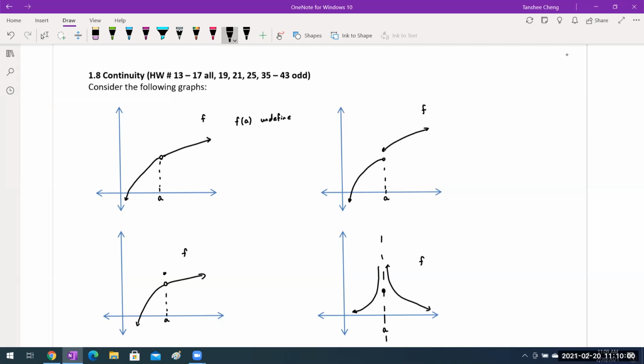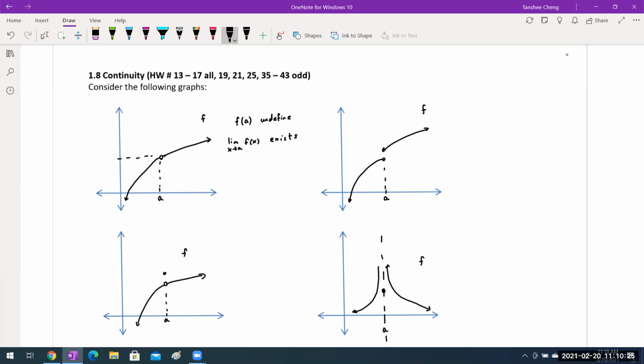However, the limit as x approaches a of the function does exist, because the left-hand side and the right-hand side approach the same limit value. So that's one case that we can see.